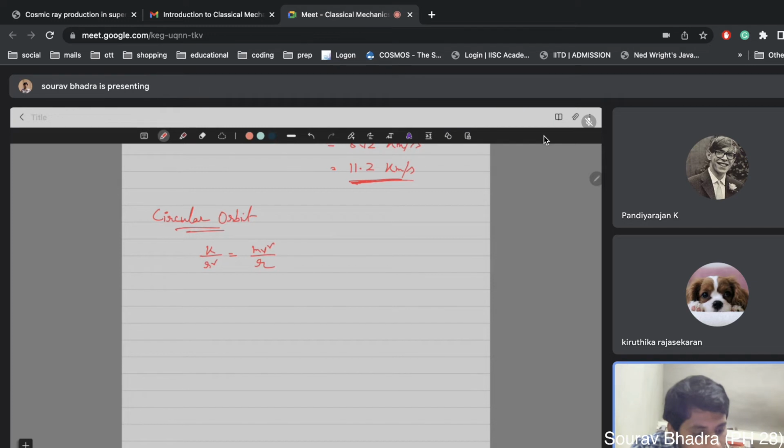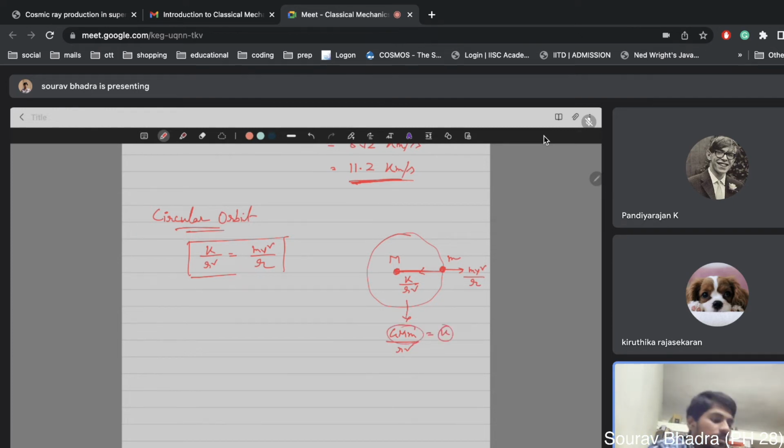This is always true. For a particle moving in a circular orbit, the force acting outside is mv square by r, and this is the force acting inward, k. If it is gravitational force, then it will be GMm by r square, if the mass is capital M and this mass is small m. So this is the value of k.